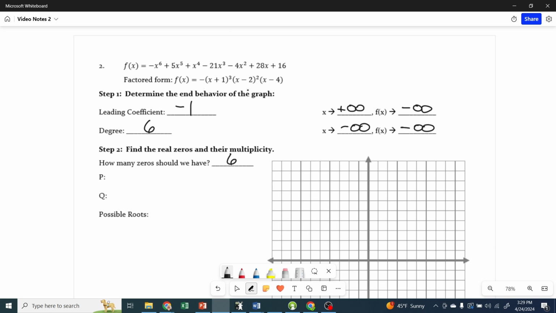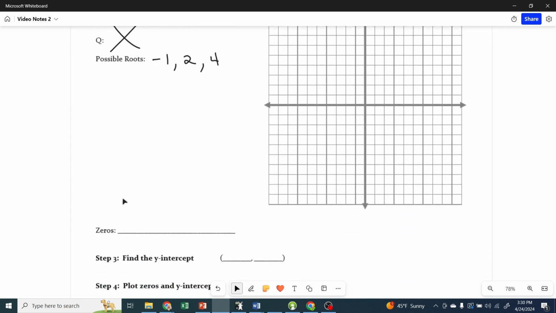Since this is already factored for us, we don't have to bother finding p and q. Our roots, we can just go directly: possible roots -1, +2, +4. And our constant here is 16. Right? So we'll refill this here.